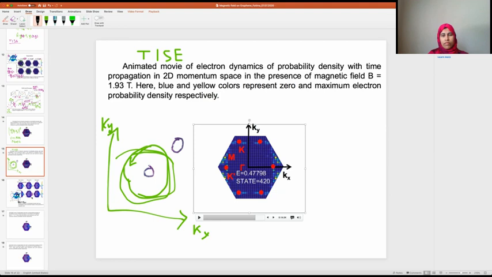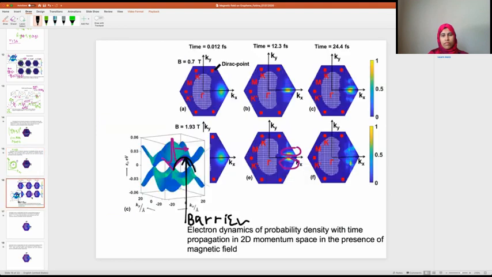I'm not saying that we need to do any calculations right now. It's more time for analysis. But if we hypothetically do more calculations of the dynamics with a higher value of magnetic field, then the wave packet will penetrate into different Dirac cones.